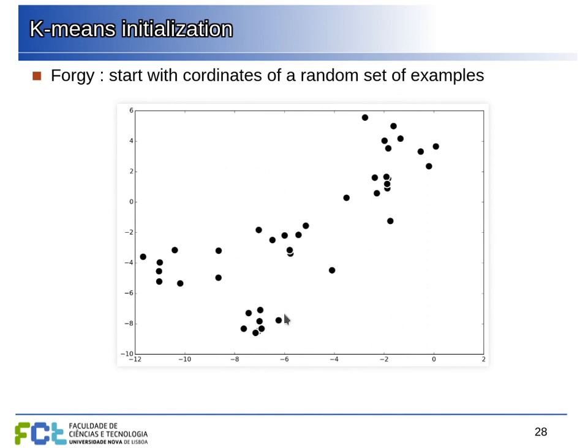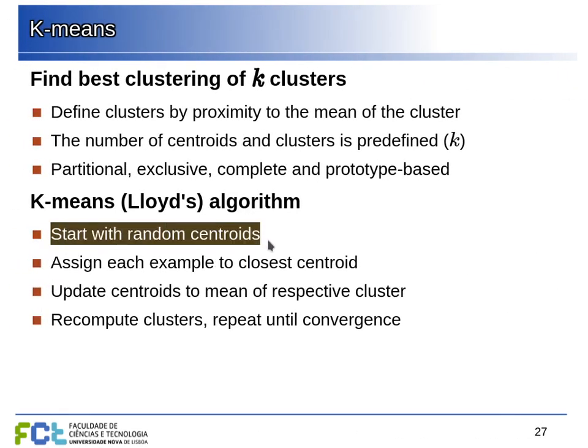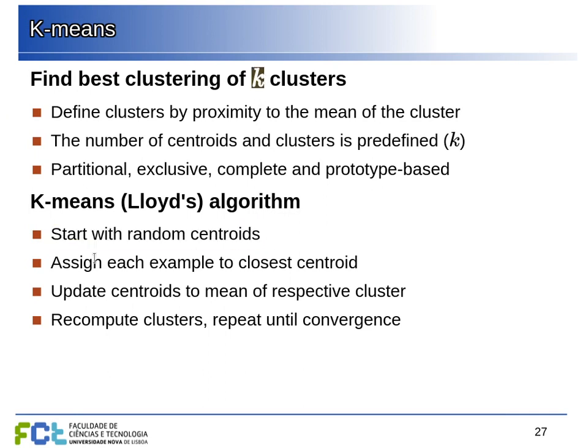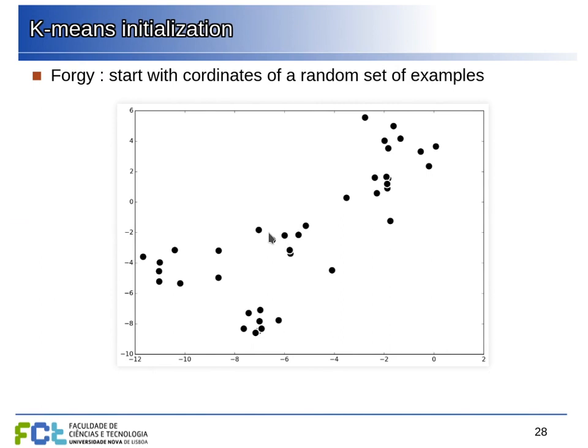So let's start with this set of points. This is our starting data. The first step that we need to do is to start with a random set of centroids. So if we want k clusters, we need to pick a starting point with a set of k coordinates here in this space, so that they are the first positions of the centroids.